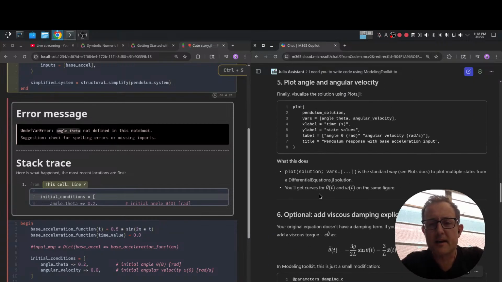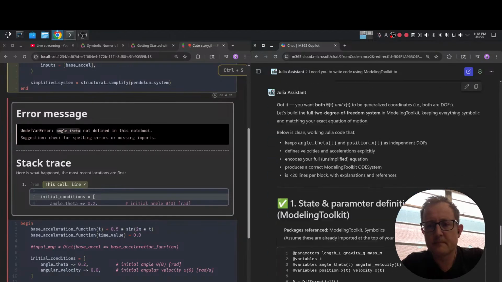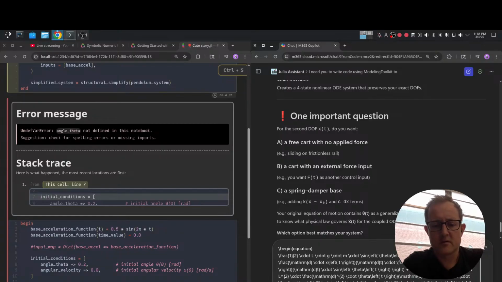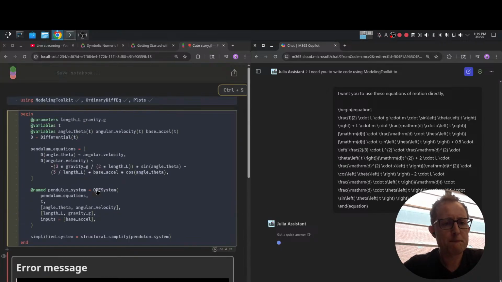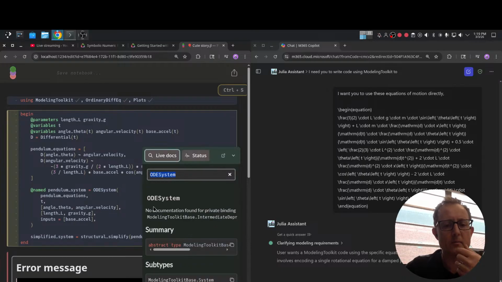I already gave you my equations of motion. So the thing here is that it will be an ordinary differential equation, but it's not going to be a linear ordinary differential equation.